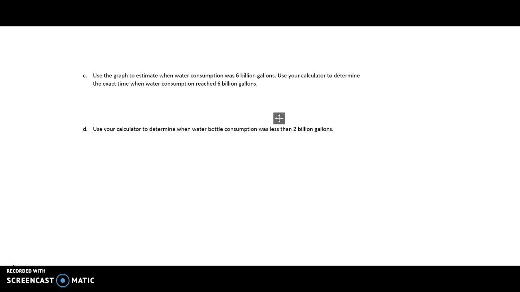These last two questions are two I'd like to highlight, in particular the second sentence of part C that says use your calculator to determine the exact time when water consumption reached 6 billion gallons. So I'm going to think about that. 6 billion, remember, is a number, sorry, I had to get some crayons set up.